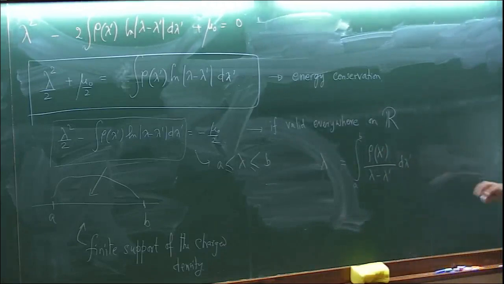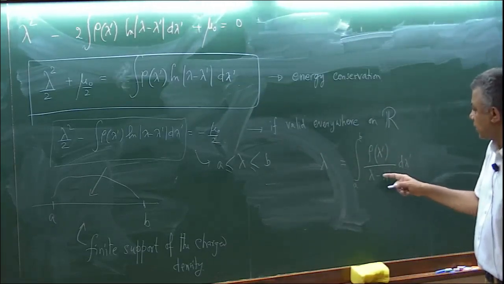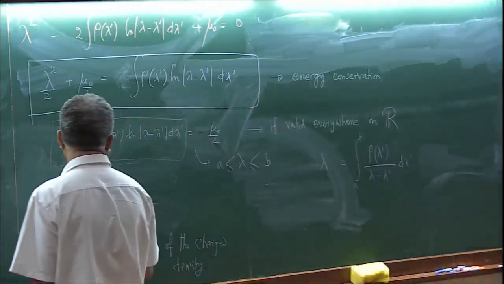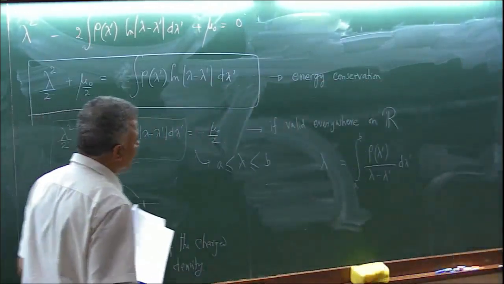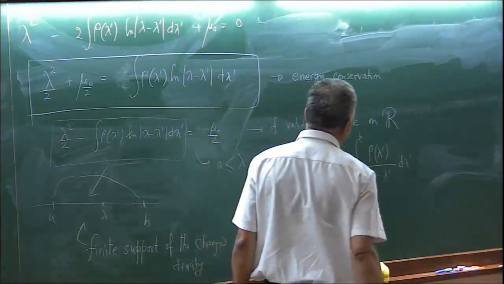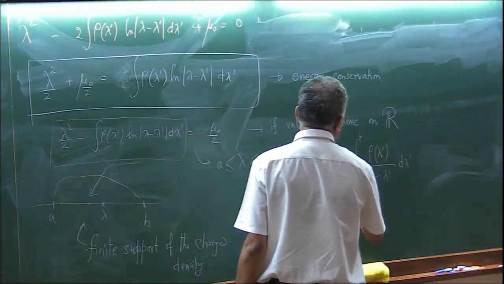But this is of course nonsense, because I just told you that lambda has to be between A and B. Suppose you take this point lambda. This is going to diverge when lambda prime comes to lambda. Therefore this integral has to be interpreted in the principal value sense.